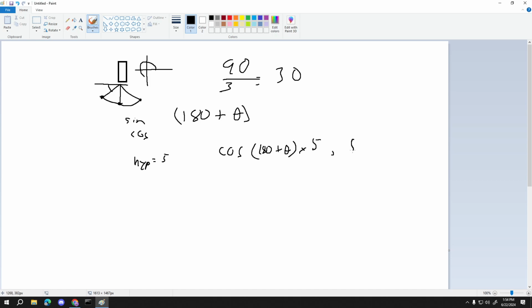Then we have sine 180 plus theta times 5, or hypotenuse. And then you do this 3 times because we have 3 points. So that's just another way to use angles and trigonometric functions.